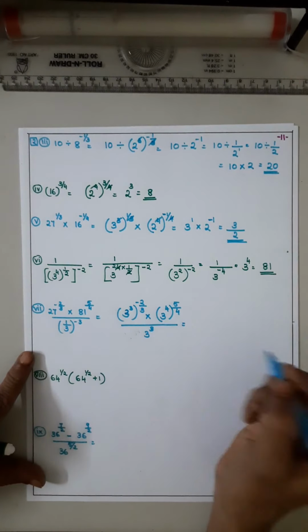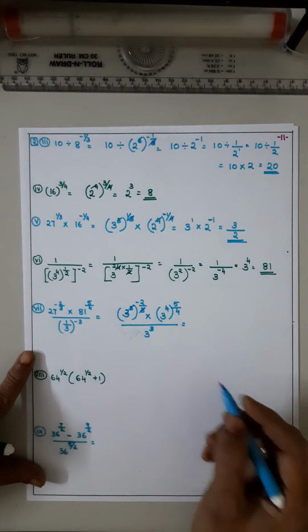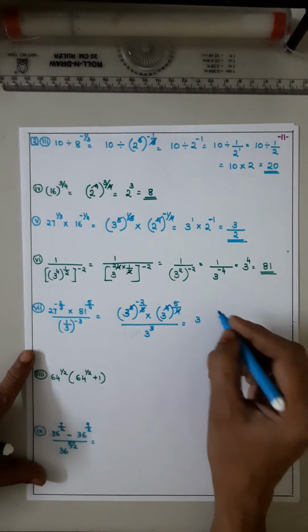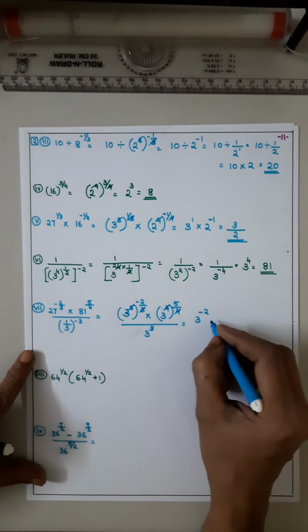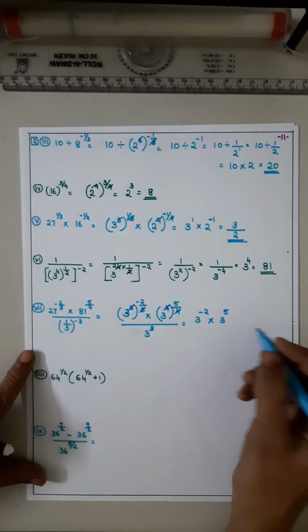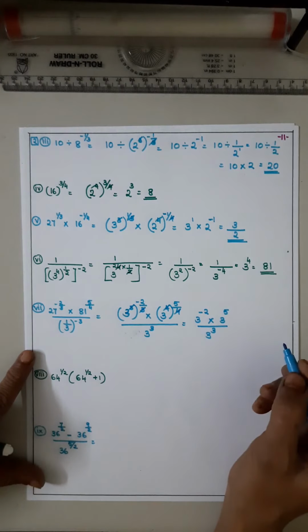Okay, अभी इतना आया. इधर ये 3 3 कैंसल, इधर 4 4 कैंसल. तो इधर कितना आया 3 to the power minus 2 into 3 to the power 5. अभी डिनोमिनेटर में 3 to the power 3.